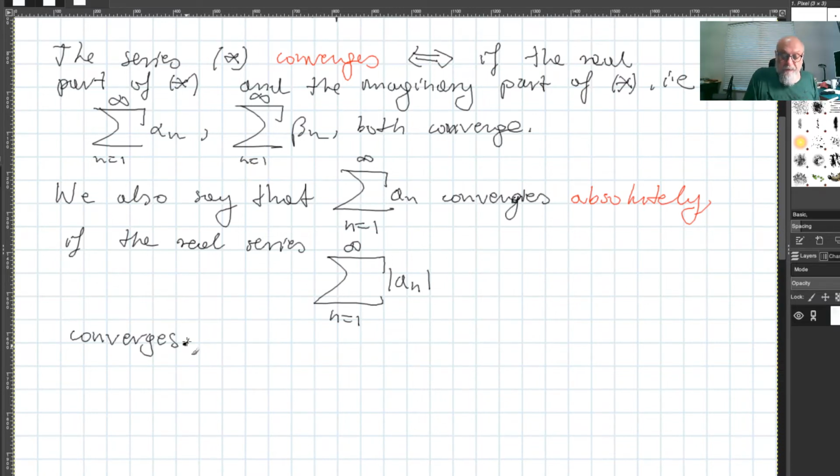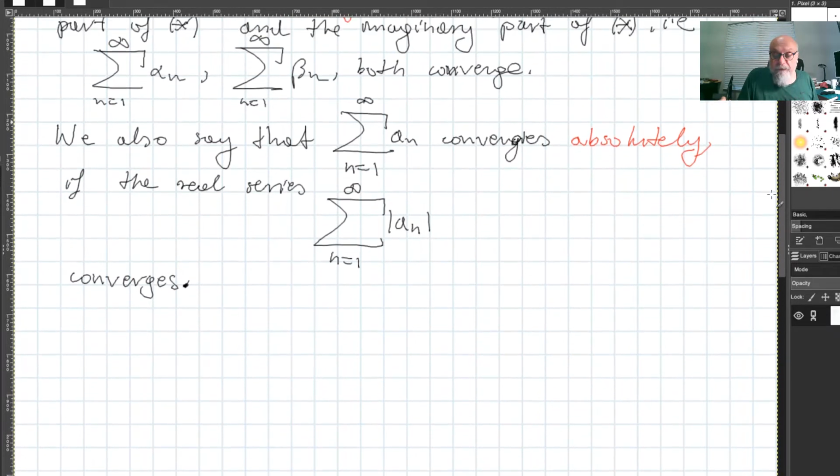Good. So we have several statements that we should say. Maybe let's notice the following concepts: the tests for convergence.